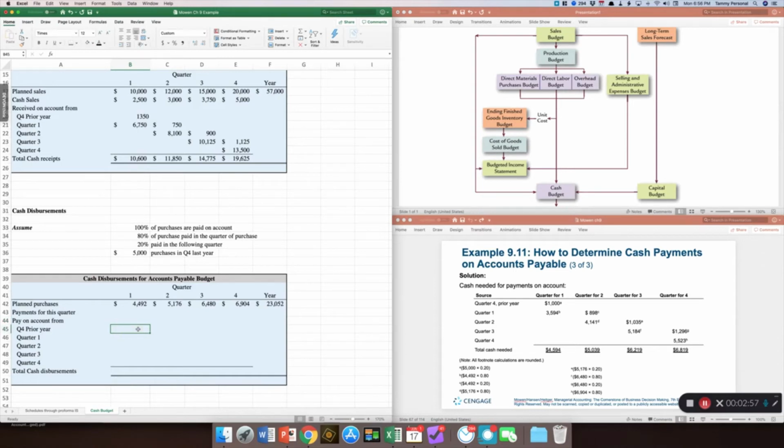So first of all, we've got 20% of last quarter's purchases paid now, and then since everything is on account, we have to pick up 80% of this quarter to be paid in this quarter.